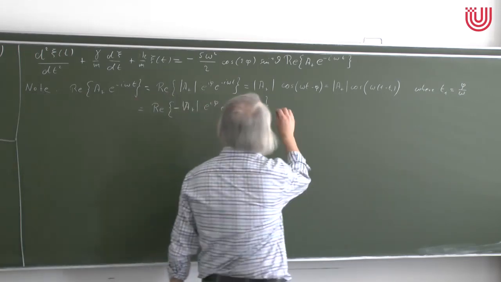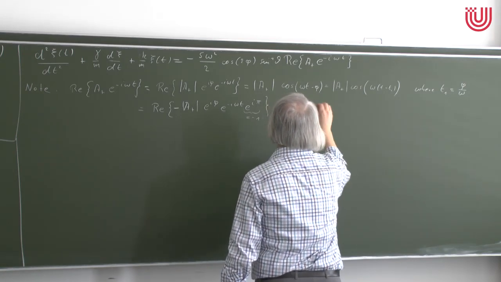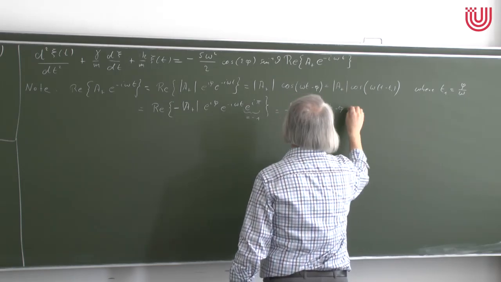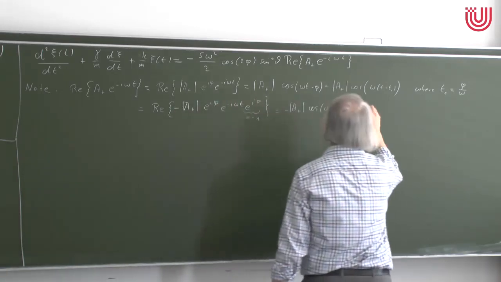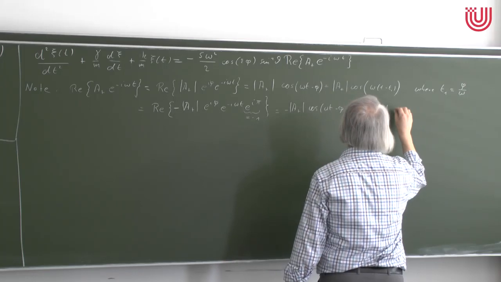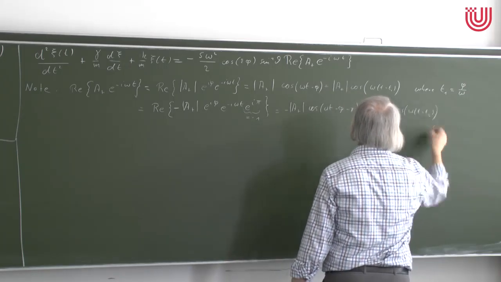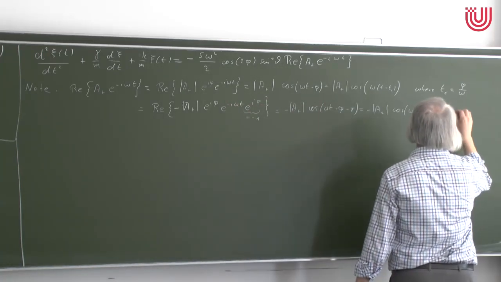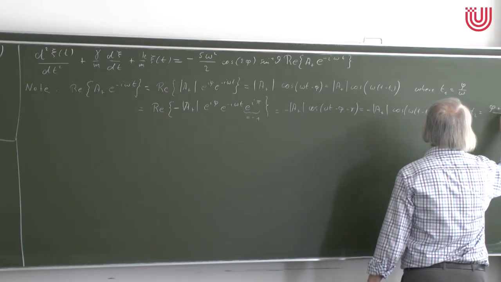And if I use this expression, then I get minus a plus cosine of omega t minus phi minus pi. And I can write this, if I like to, in the form minus a plus cosine omega t minus a different time shift t2, where now t2 is phi plus pi over omega.